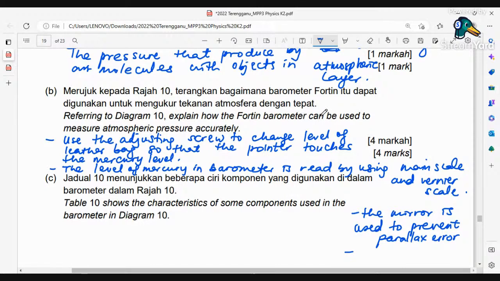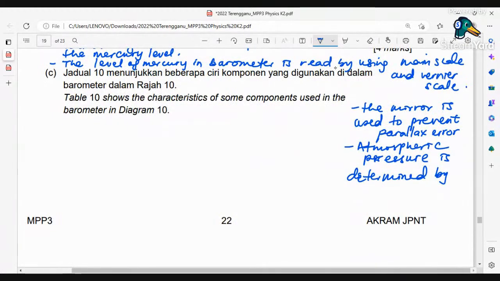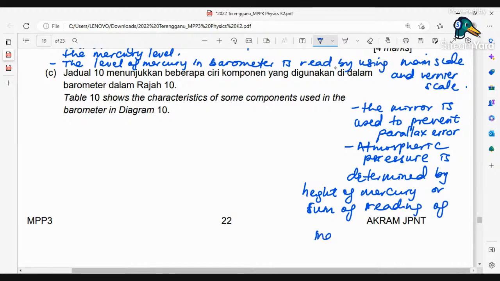Thus, we get atmospheric pressure, which is determined by height of mercury, or sum of reading of main scale and vernier scale.